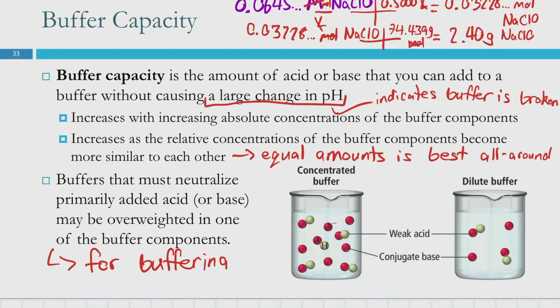So for buffering lots of acid, have excess base. And the opposite would be true if we are buffering lots of base, we would want excess acid.